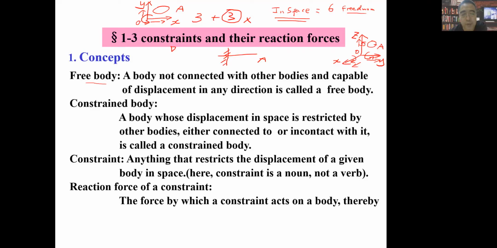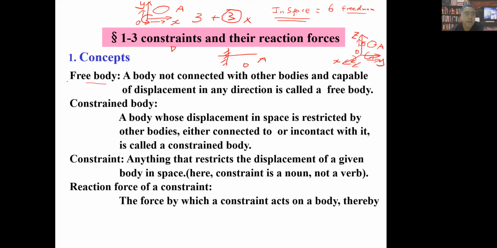It's a kind of constraint we will learn later. Then this rod A cannot move along X, cannot move along Y, and also cannot rotate around the Z axis. So its freedom changes from 3 to 0. That's what constraint is all about.